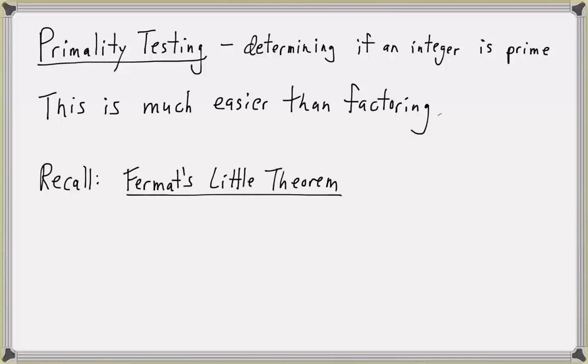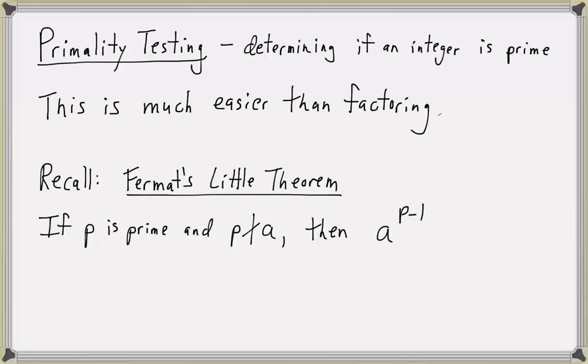It says that if P is prime and P does not divide A, then A to the P minus 1 is congruent to 1 mod P. Fermat's little theorem is the basis for the following primality test called the Fermat primality test.